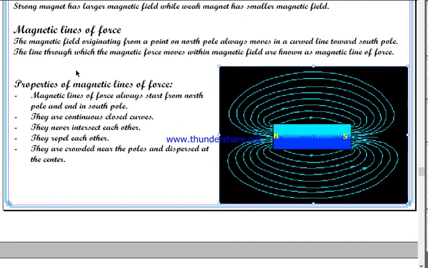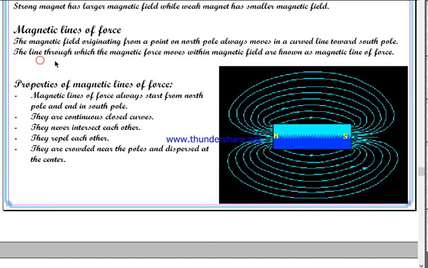The magnetic field originating from a point on the north pole always moves in a curved line toward the south pole. So the magnetic force starts at any point in the north pole, and that force runs through a curved line, and that curved line ends toward the south pole.